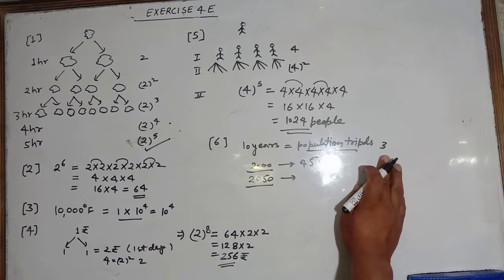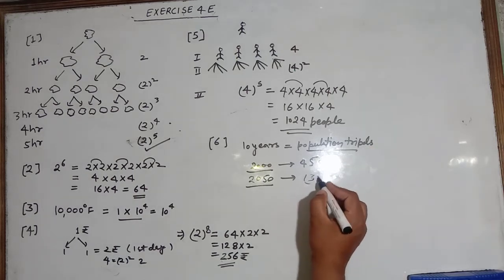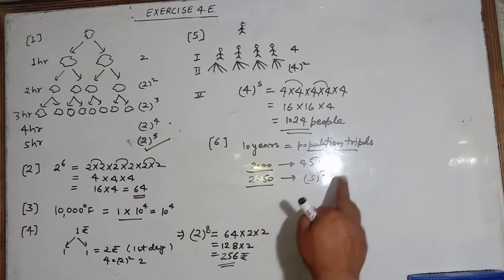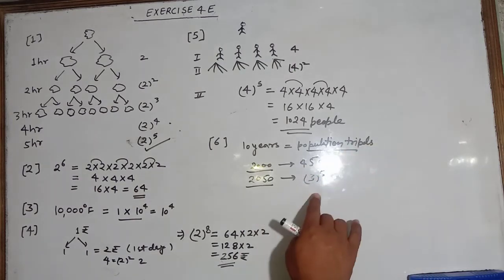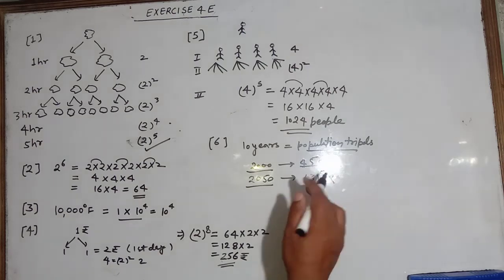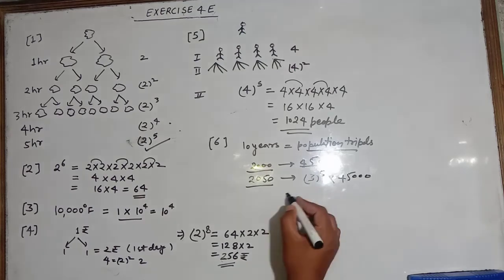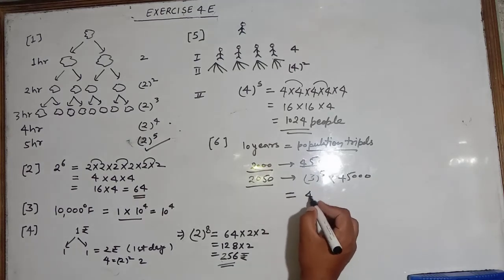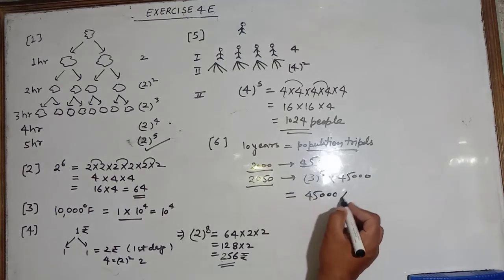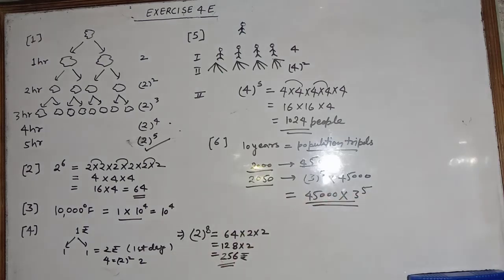For the fifth decade it will be 3 to the power 5. And what was the basic population there? That was 45000. So our answer will be 45000 into 3 to the power 5. After solving we can get the result.